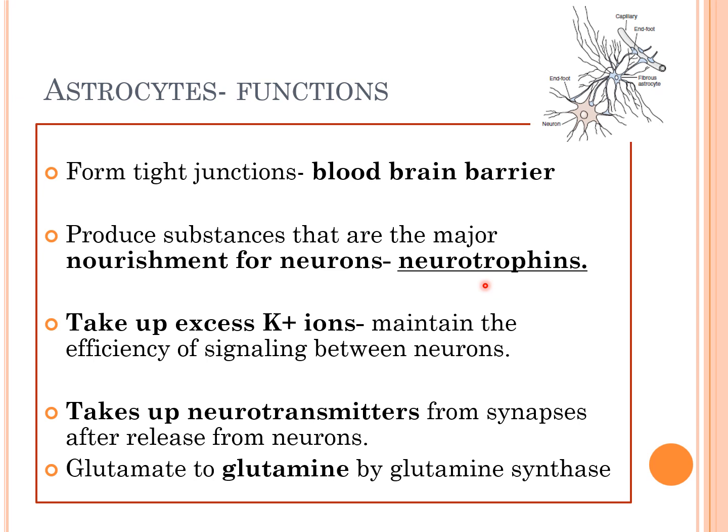Astrocytes also take up excess potassium ions, which helps maintain the efficiency of signaling between neurons. They take up neurotransmitters from synapses after release from the neurons, and they also convert glutamate to glutamine by the action of glutamine synthetase. All these are functions of astrocytes.